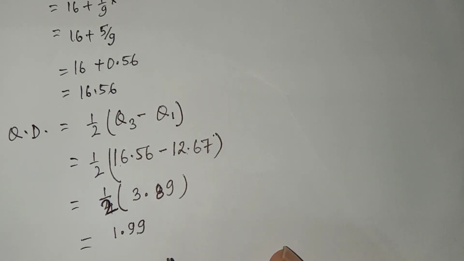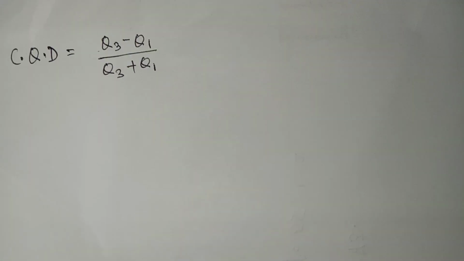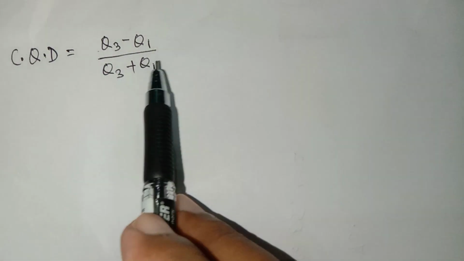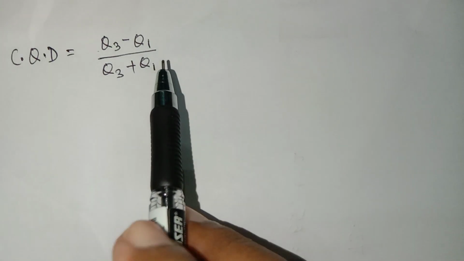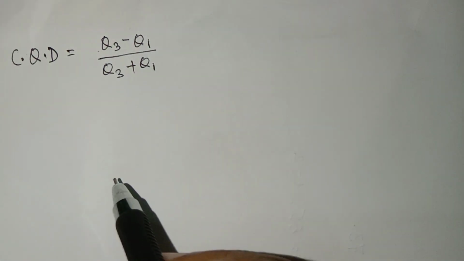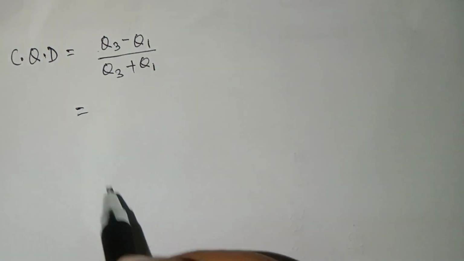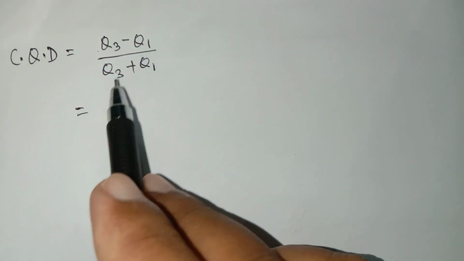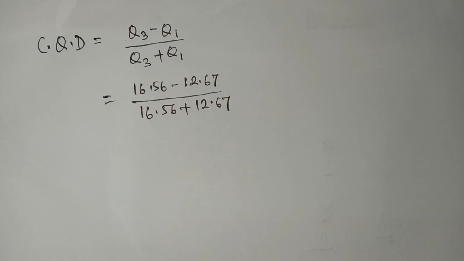Let us calculate what will be the coefficient of quartile deviation. The formula to calculate the coefficient of quartile deviation is Q3 minus Q1 upon Q3 plus Q1. So just before we calculated the Q3 and Q1, let us subtract and add them. Here I have put the value of Q3 and Q1. Now let us calculate them.